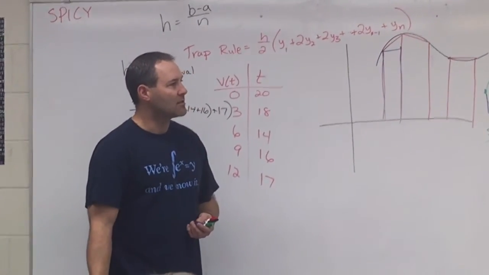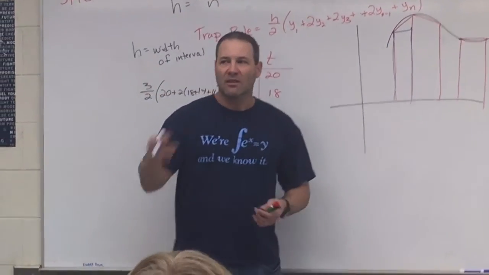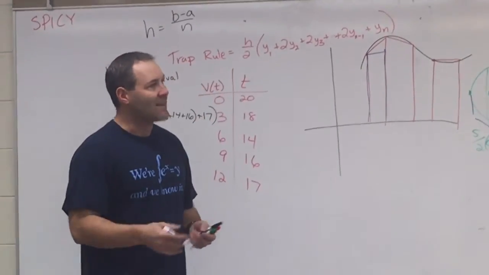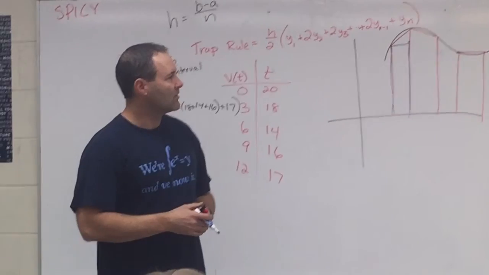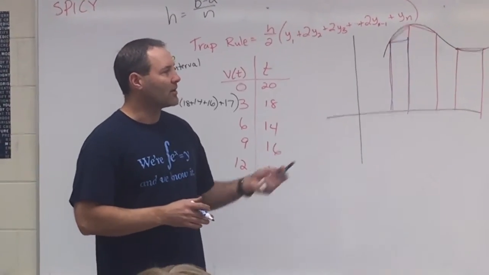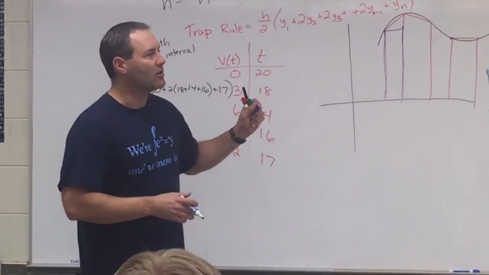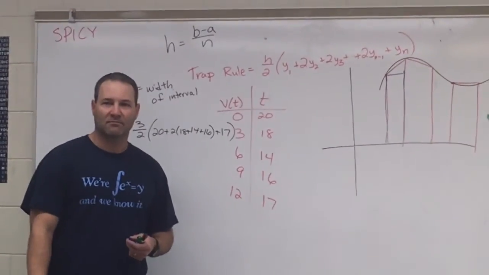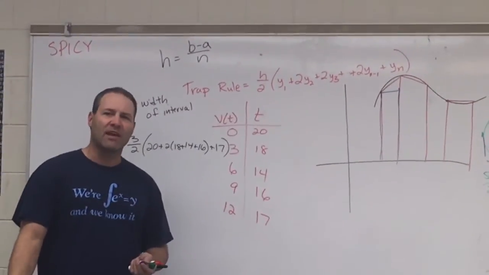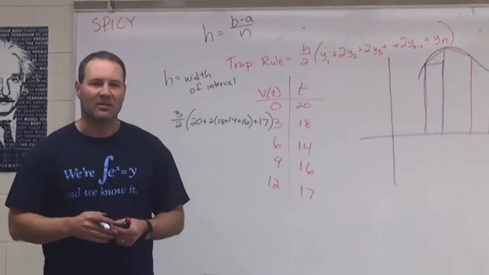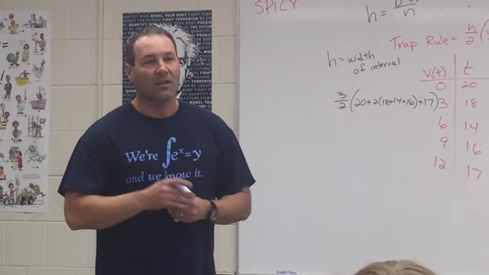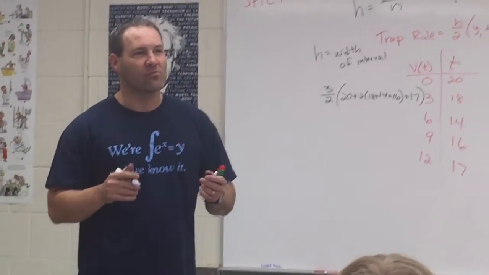So if we were going to compute, it would approach the actual area faster than the ram would. Is there value in knowing the trapezoidal rule, or why don't we just integrate every time? AP exam. Well, why would they have that on there if there really isn't a purpose? When you can't make an equation for something.